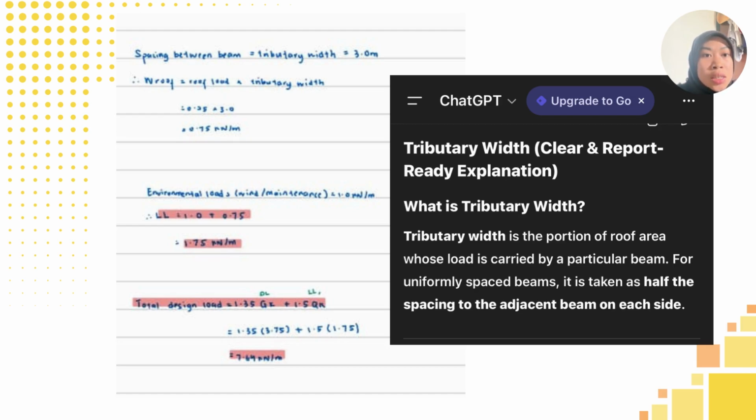For the total design load, which combines dead load and live load, the equation is 1.35 Gk plus 1.5 Qk. In total, I got a total design load of 7.64 kilonewton per meter.